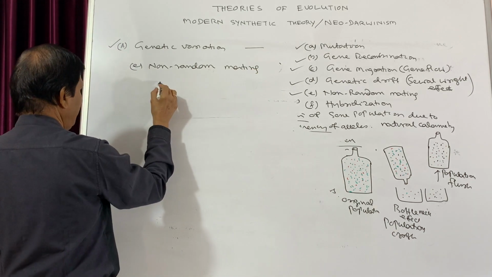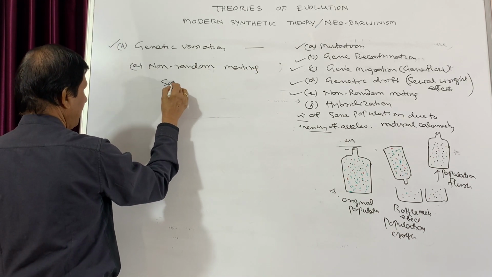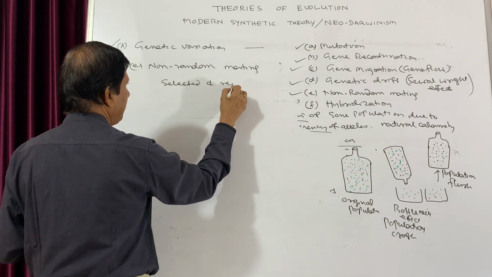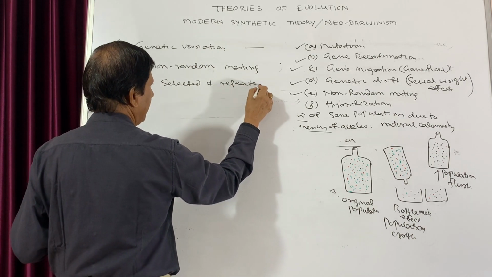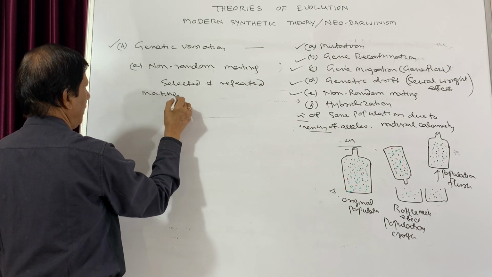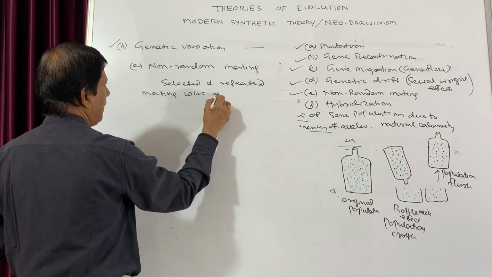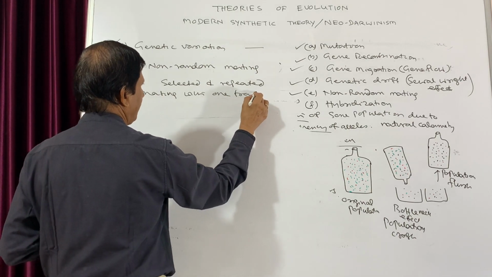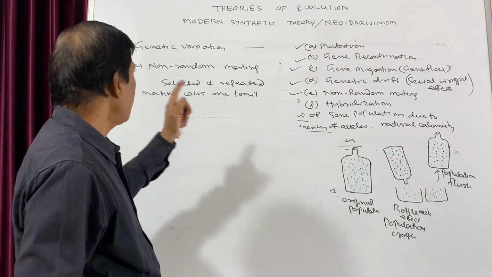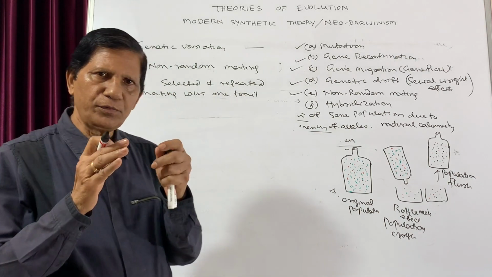So it is selected mating, selected and repeated mating, with one trait. That means this is not random, this is non-random mating. That is the particular trait.